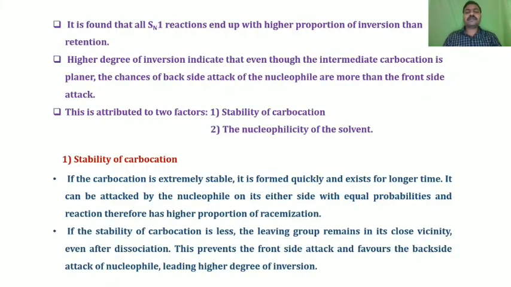And if the stability of the carbocation is less, the leaving group remains in its close vicinity even after dissociation, and this prevents the front side attack and favors the back side attack of the nucleophile. So this case leads to a high degree of inversion.